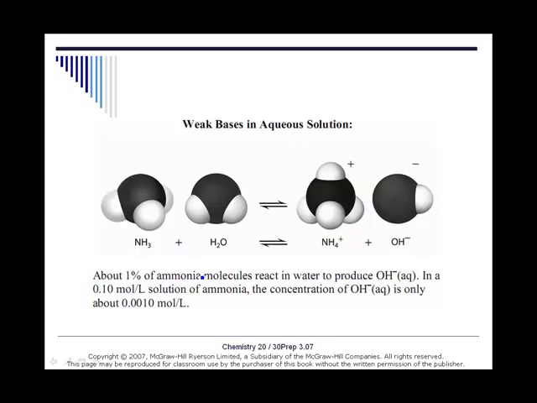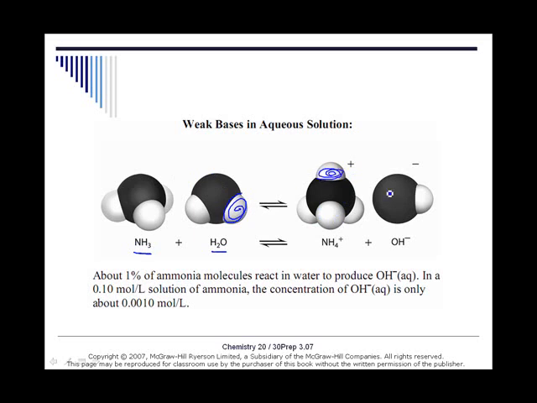For weak bases, in terms of a reaction, here's how we're going to write them. Here's an ammonia molecule. We have to make it react with water to get those hydroxides. Because ammonia is polar and because water is polar, ammonia strips one of those hydrogens off of water. So there used to be a hydrogen here on water. It got stripped off.